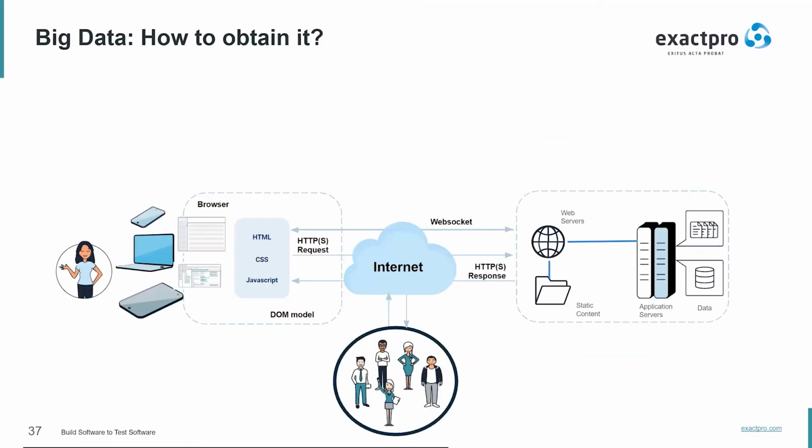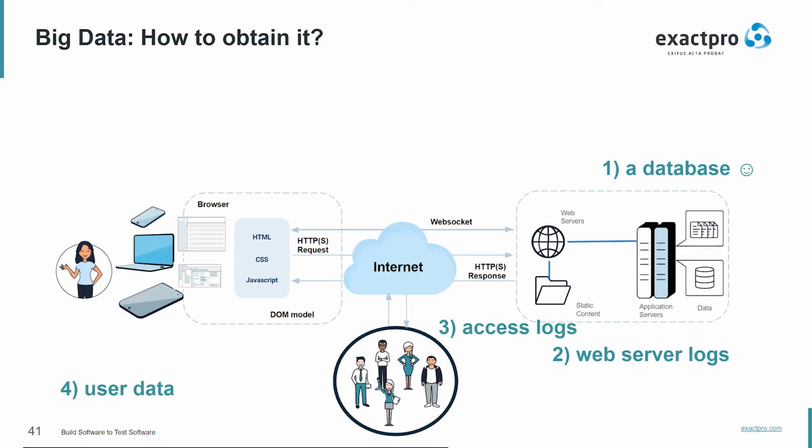Then to utilize machine learning approaches for software testing of web applications, we need to solve this problem: how to obtain this big data. There are several ways to do this. Of course, the easiest one is from a database. It can also be obtained from the web server or access logs. Sometimes they're not always accessible.